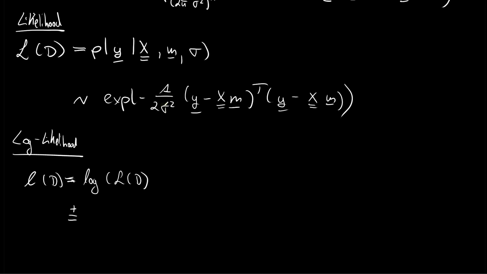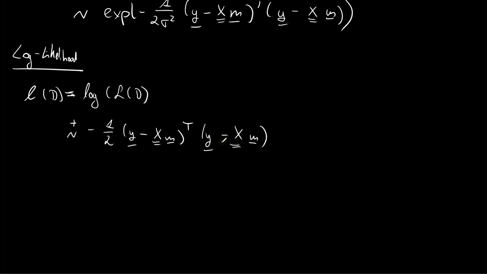And I will just skip the next line because we will then again use a proportional. So I will just say this will be equal up to an additive constant, and it is also proportional to minus 1/2 of (y minus X m) transpose (y minus X m).